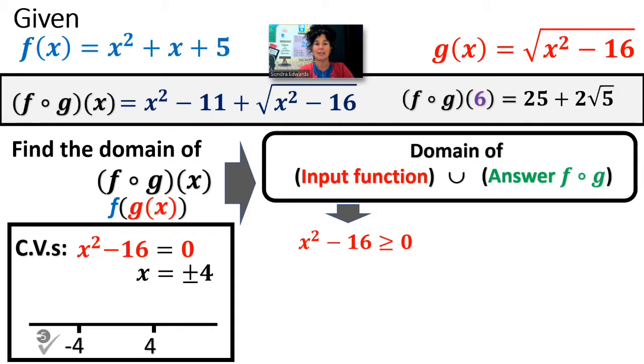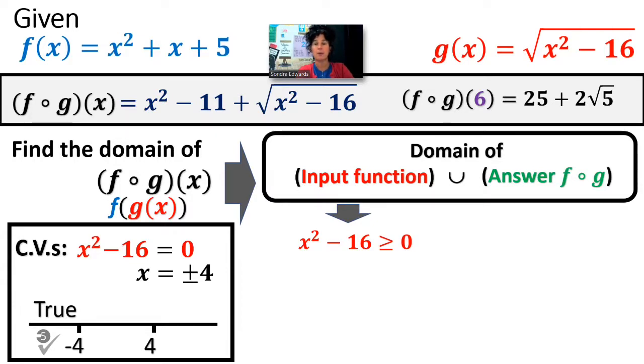I'm going to start by testing negative 5. So if I substitute negative 5 back in there, negative 5 squared minus 16 is a positive number. A positive number is greater than or equal to 0. So every number to the left of negative 4 will make the x squared minus 16 greater than or equal to 0 true.